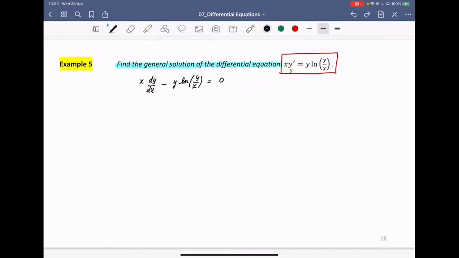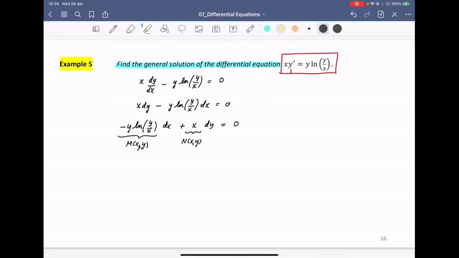And then I multiply the equation by dx, so we get x dy minus y log y over x dx equal to 0. If you want to simplify a little more, you get negative y log y over x dx, this is my M, and then plus x dy, this is my N.